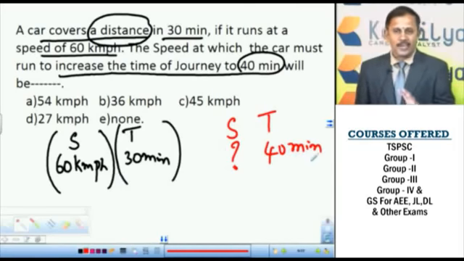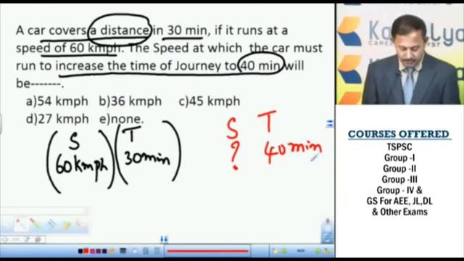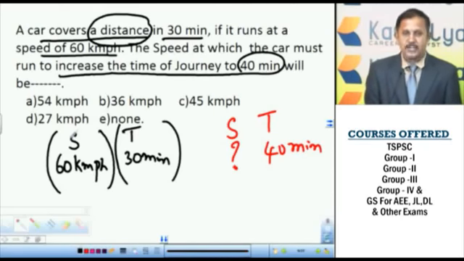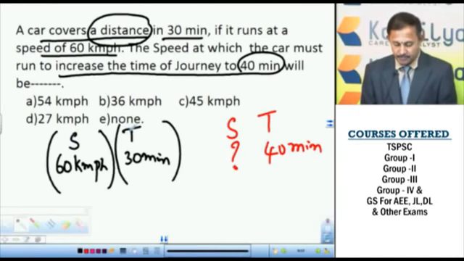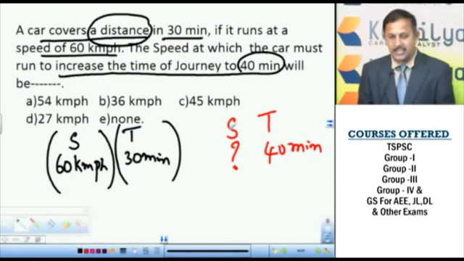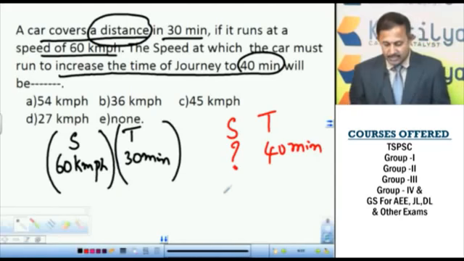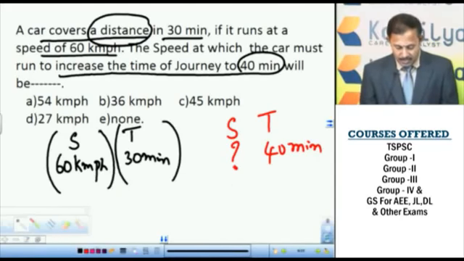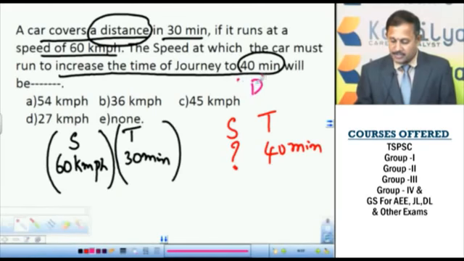Before going to the calculation part, what you have to observe is, here the speed in the first case is 60 and the time period is 30 minutes, and now we have to calculate the speed in the second case in order to make the time of journey 40 minutes. But in this case there is no change in the distance. The distance is same.